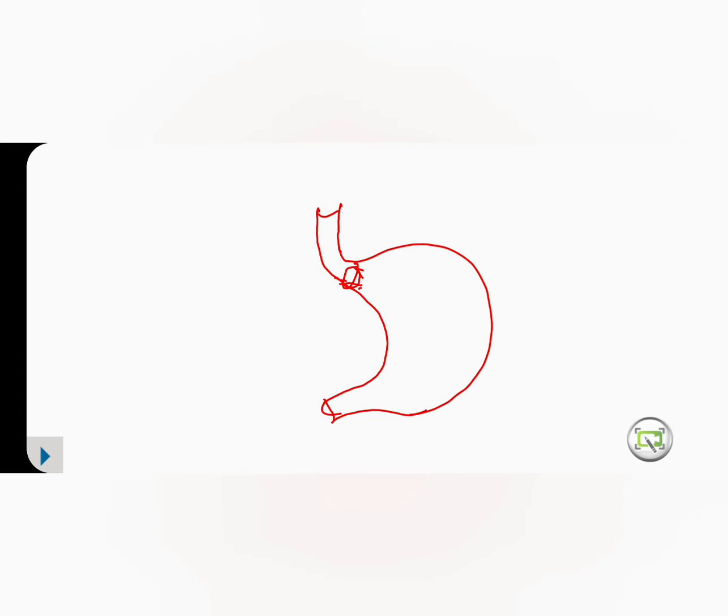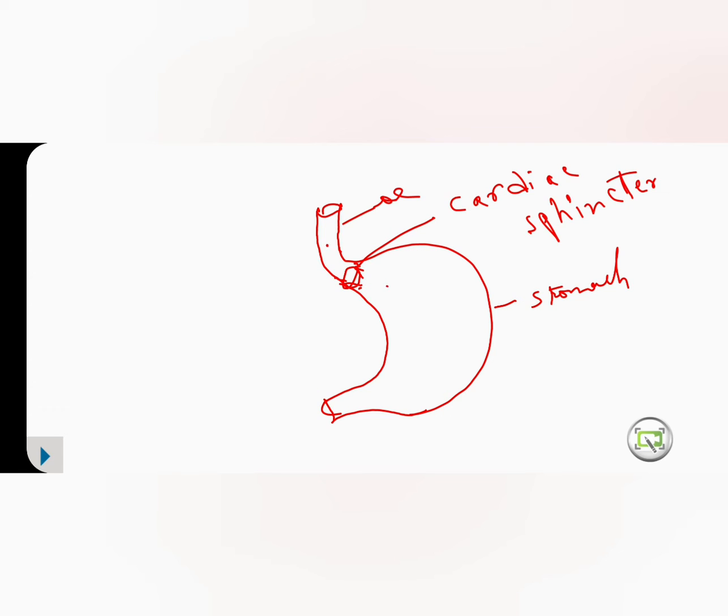Such a sphincter present between esophagus and stomach is called cardiac sphincter. The sphincter muscle which is present in between esophagus and stomach is called cardiac sphincter.